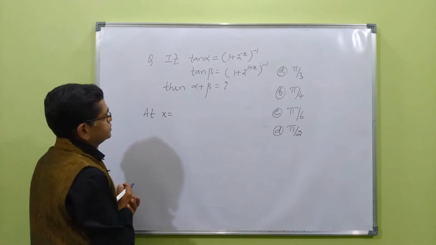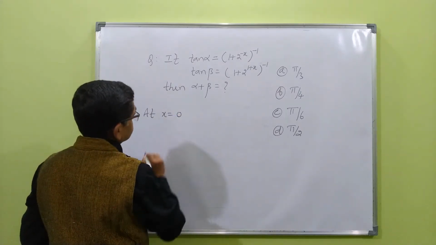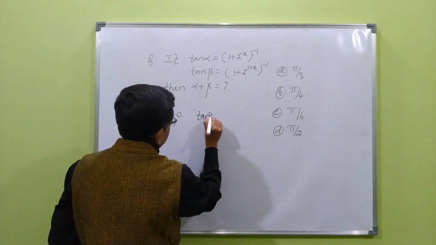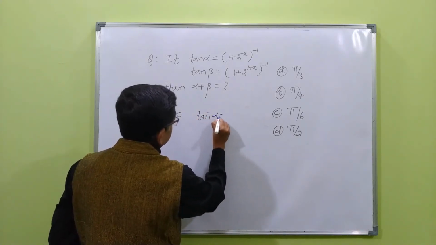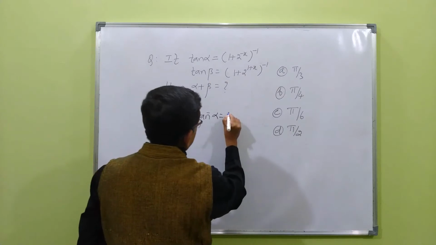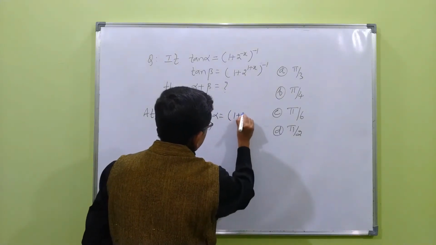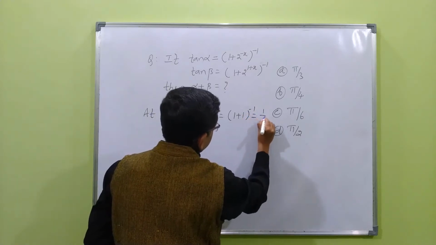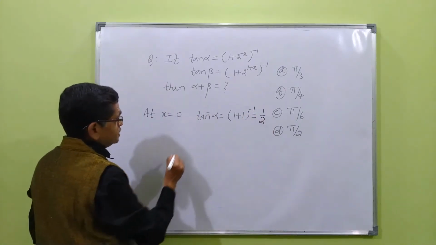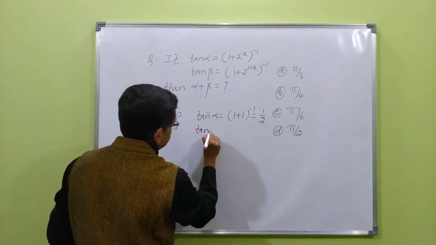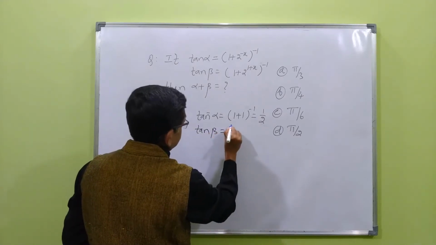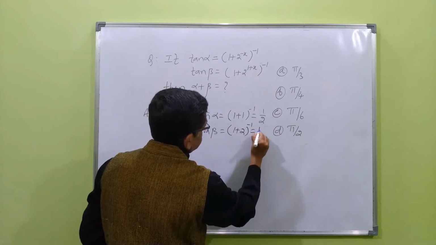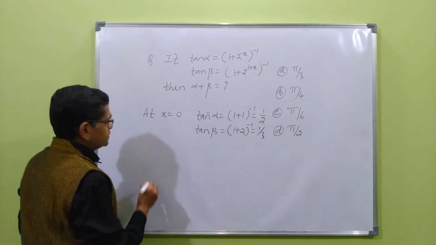So at x is equal to 0, tan α is equal to 1 plus 1, 2 to the power 0 is 1, that is half. And tan β is equal to 1 plus 2, that is 1 by 3 it is.